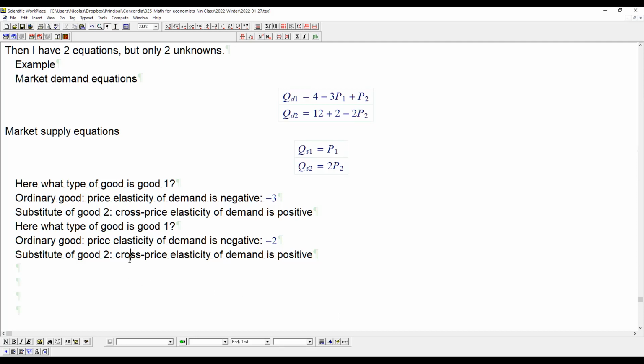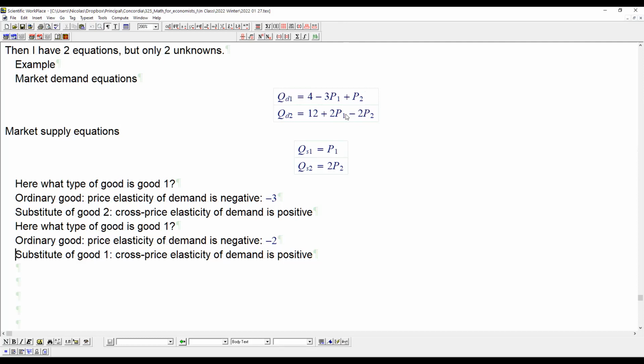And it's also a substitute of good 1 because the cross price elasticity of demand is positive. Oops, did I miss something? Yeah, I think I didn't write it properly. 12 plus 2P1. All right. So that makes more sense.